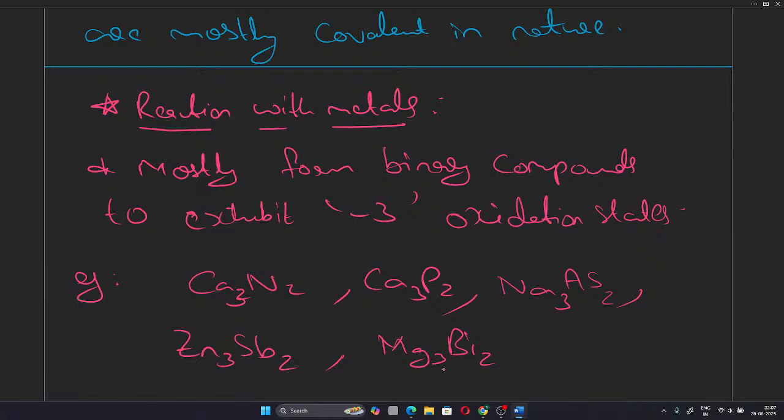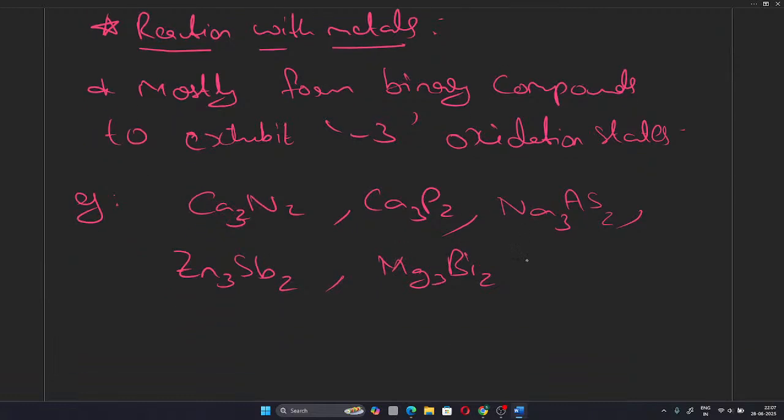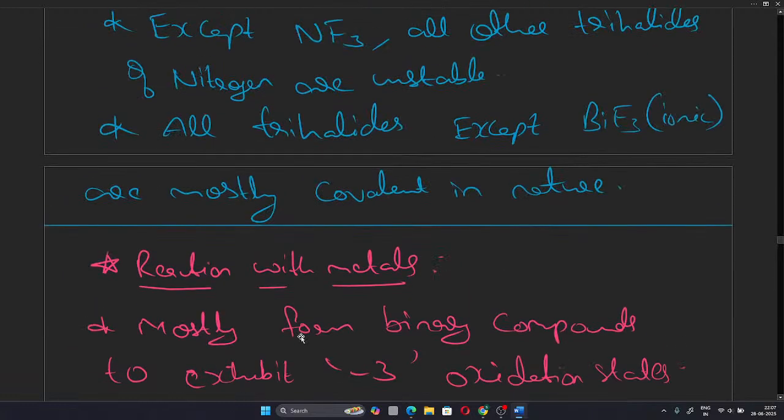These all exhibit a -3 oxidation state. This is the reaction with the metal. Then the next topic will be preparation.